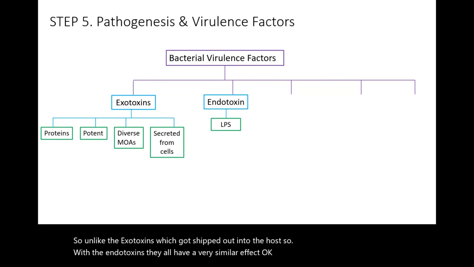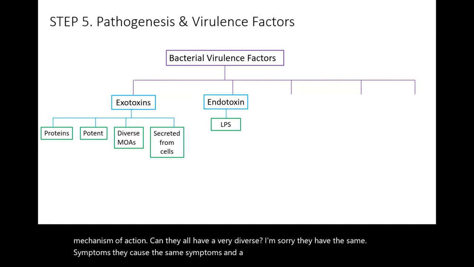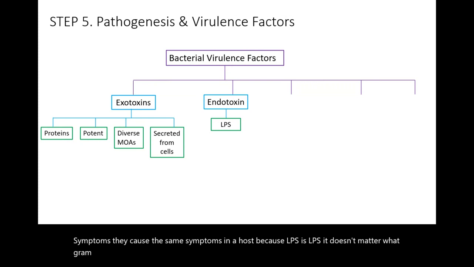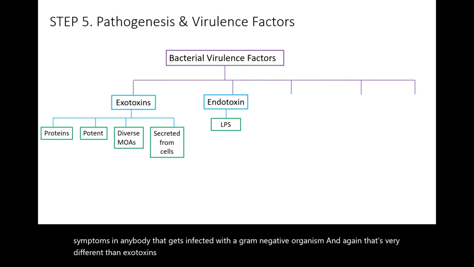They don't have a diverse mechanism of action. They cause the same symptoms in a host because LPS is LPS. It doesn't matter what gram-negative organism has it, it's still the same molecule. So it's going to cause the same symptoms in anybody that gets infected with a gram-negative organism. Again, that's very different than exotoxins that had the diverse mechanism of action.